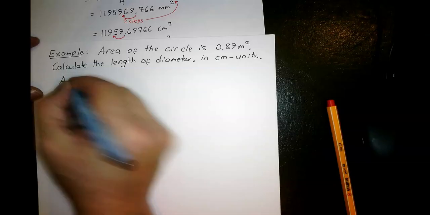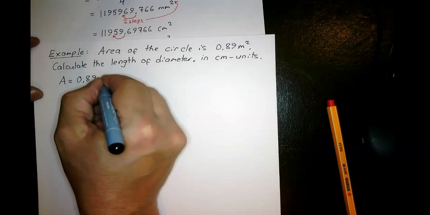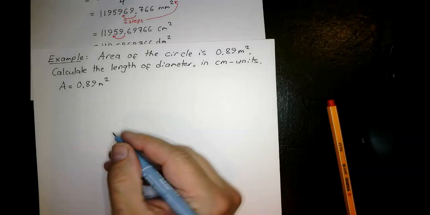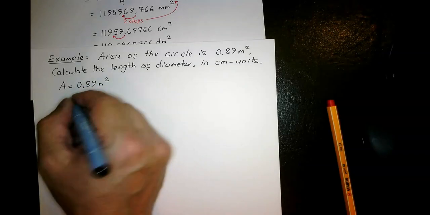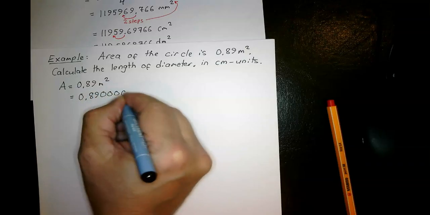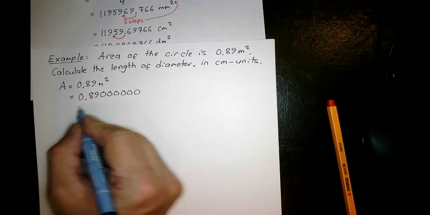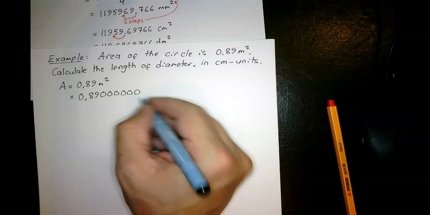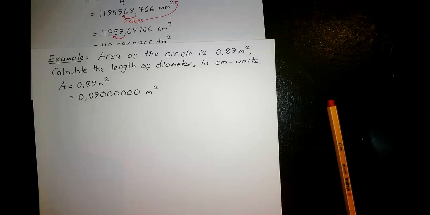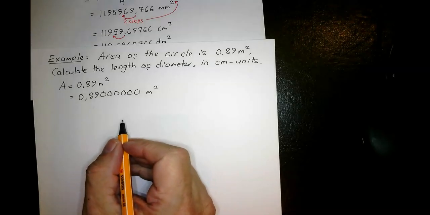So let's do the conversion first. We have the area 0.89 square meters. Let's put some extra zeros there. After the dot we can draw as many zeros as we want. We haven't done any conversions yet. But now we are moving to the right because we are moving to smaller units.